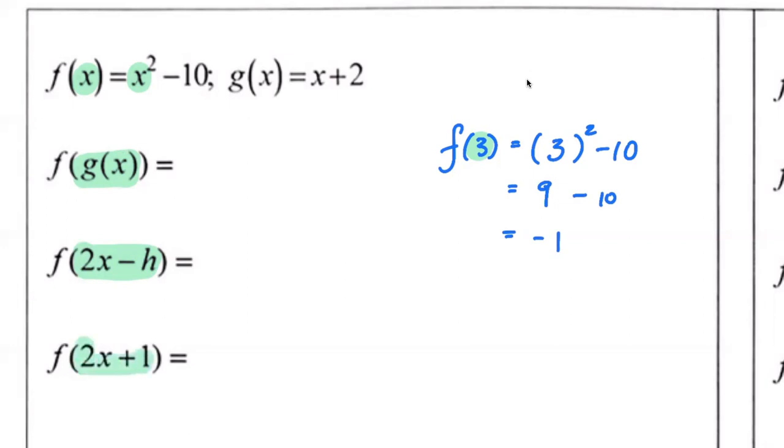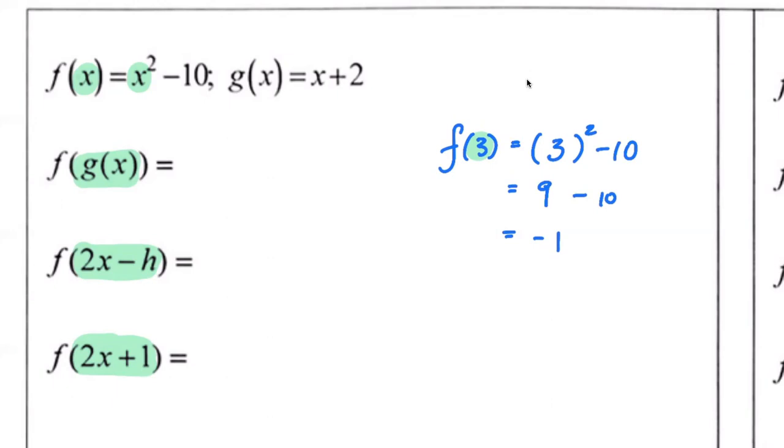In f of 2x plus 1, 2x plus 1 is the new x value. So all the highlighted parts on the left are the new x values, and because of that, you will substitute these values into your x position.